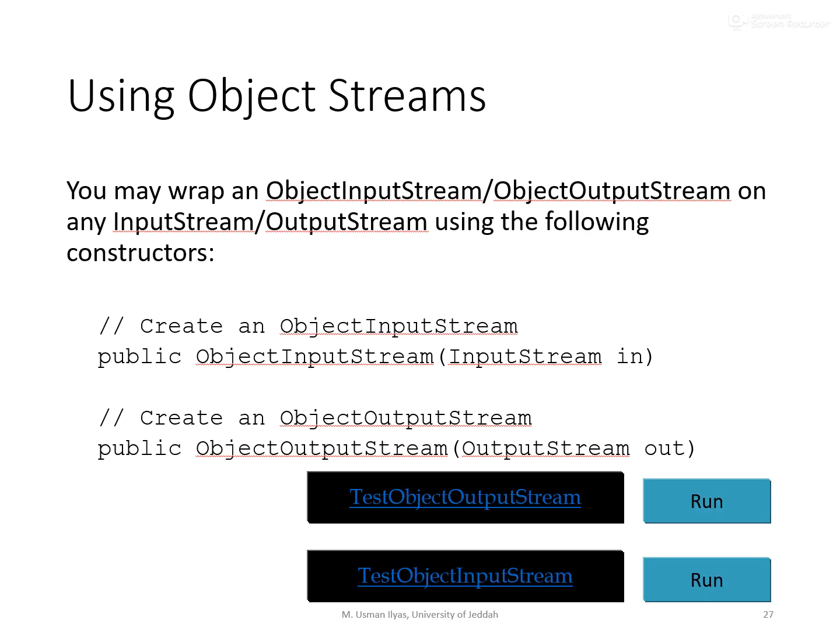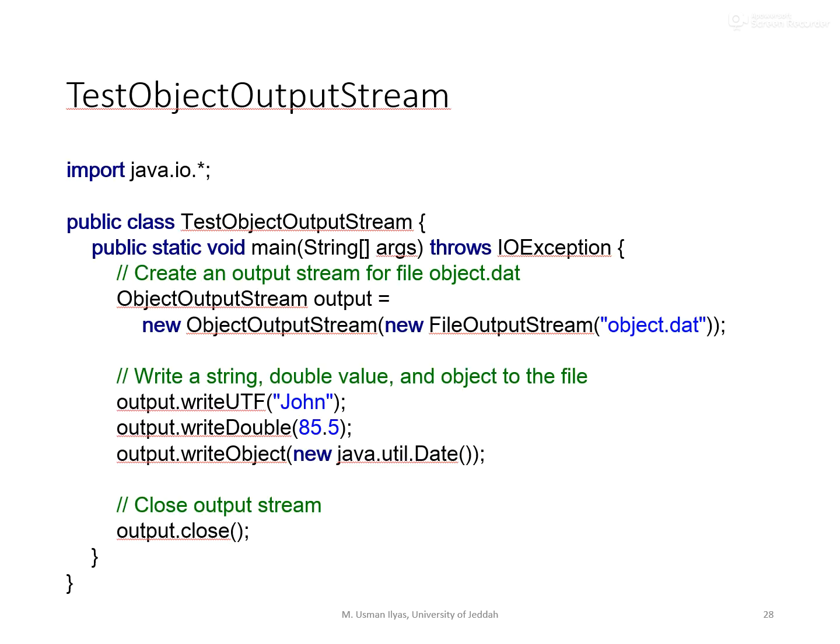So let me show you a small example that demonstrates these two classes. Actually, they work together. In the first example, we'll write to a file, and then another project is going to read from that same file. This is the code that we're going to run.